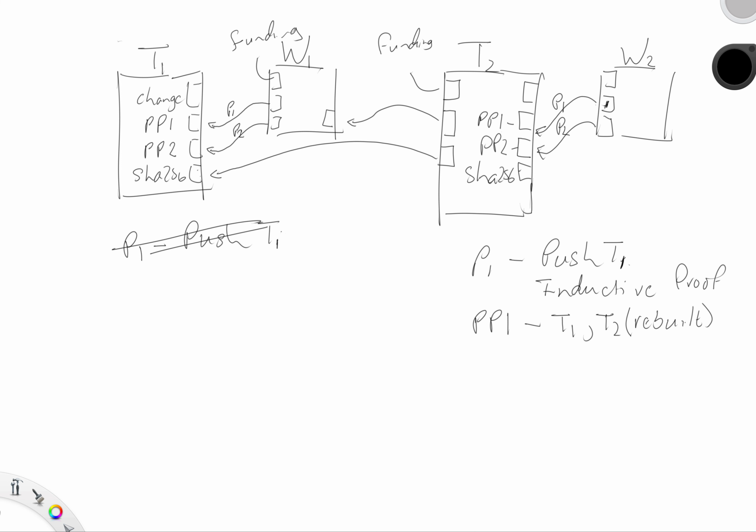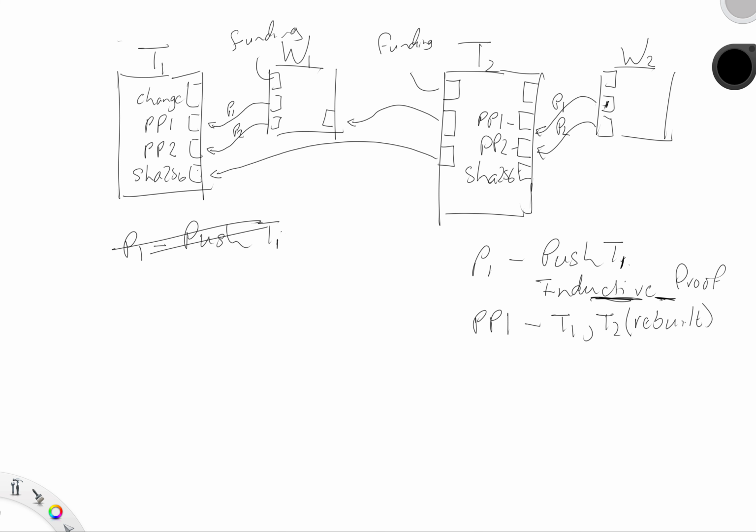Now, this by itself is not enough. If you generally do an inductive proof, what tends to happen is that you are going to exponentially bloat the previous transaction, because you're pushing a transaction of a transaction. If you read the inductive proof Medium article, you will realize that this is a potential problem. The way we work around that here is that the witness transactions W1 and W2 are where we push those.